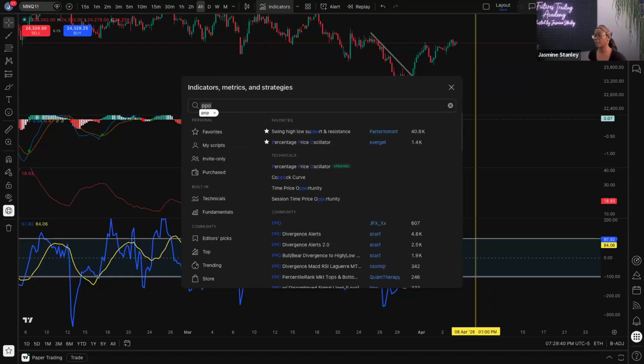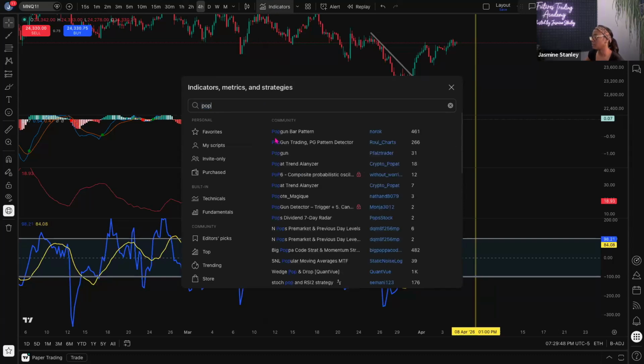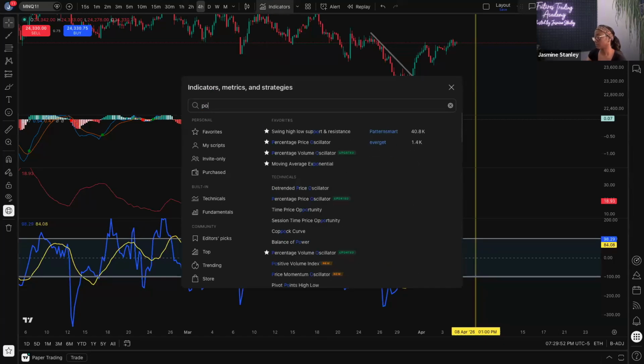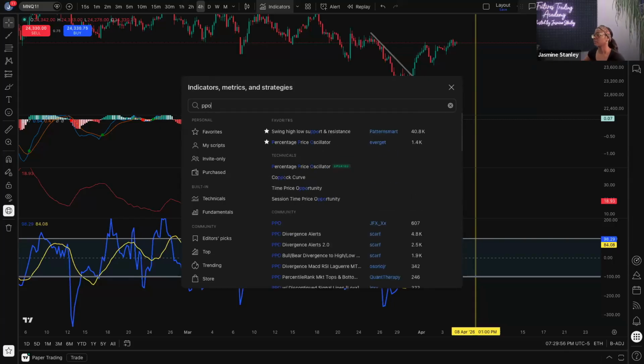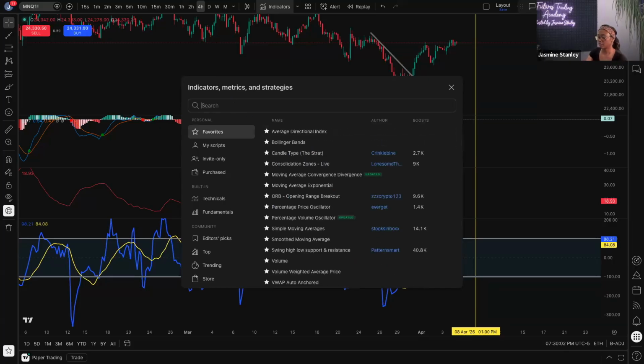And let me know if it's not popping up, but it should be percentage price oscillator. If it's not, I can just type these, put this in. Oh, guess not. PPO. Okay. PPO and then ADX.